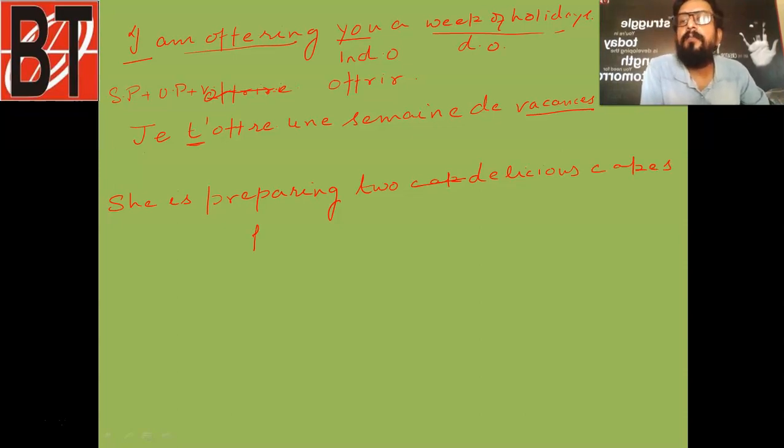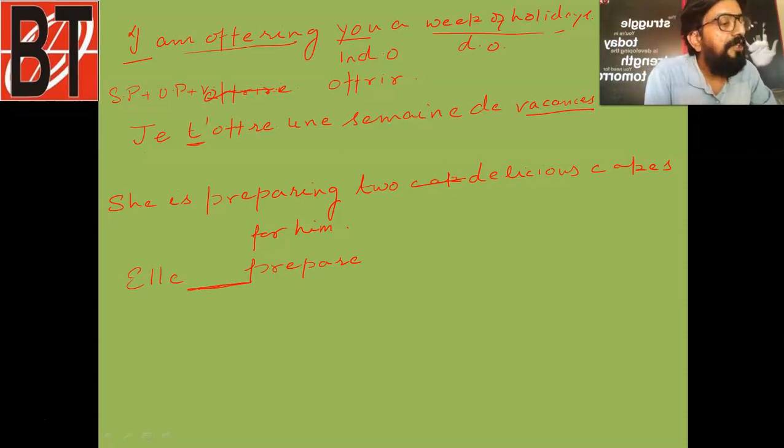Cakes for him. Now look at this. She is preparing. So you will write elle prépare, because préparer is to prepare. I am leaving this blank space so that I can add the indirect object. Two delicious cakes.